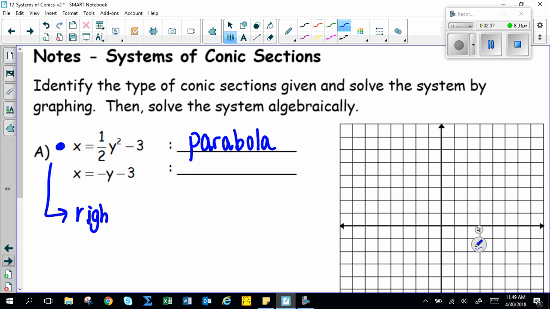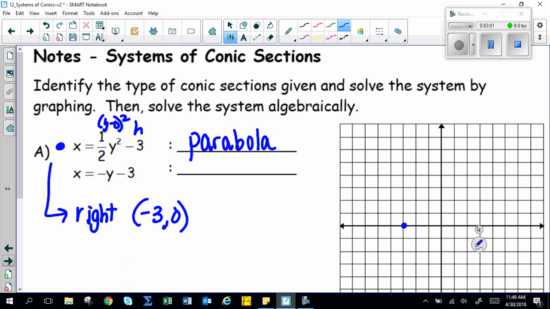What would be the vertex of this parabola? It would be -3, 0, right? Because this is my h value here, and my k value is inside the parentheses. So I'm going to plot that point, -3, 0. 1, 2, 3. It's opening to the right. And the a value is 1/2.